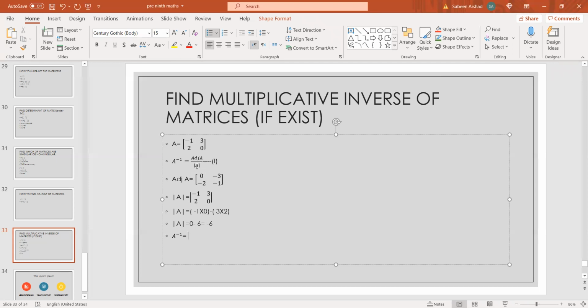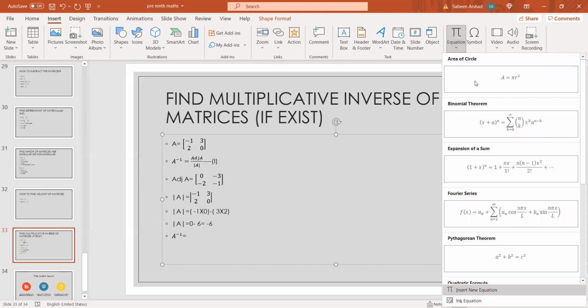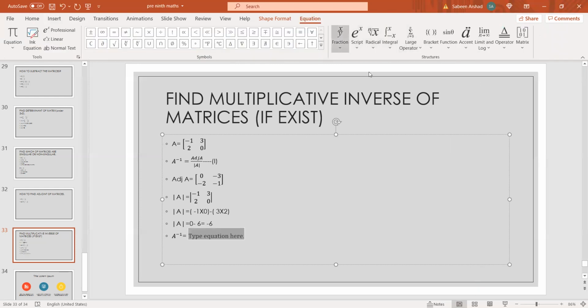And I have to divide by the determinant, which is equal to minus 6. Since the determinant is in the division, simply put it in the form of division here.